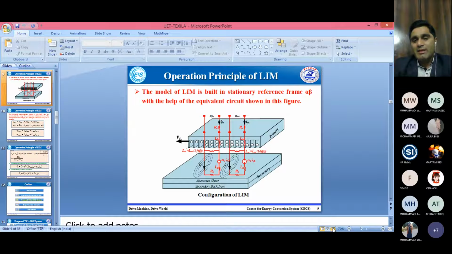The model of LIM is built in the stationary reference frame alpha beta with the help of the equivalent circuit shown in the figure. As we know, every machine has an equivalent circuit. This circuit is for the linear induction machine, and we can model it with a stationary reference frame, which is the alpha beta coordinates, because we have to convert from three phase to two phase, so we use Park and Clarke transformation for any machine.